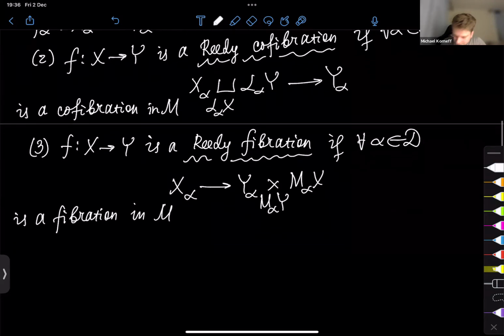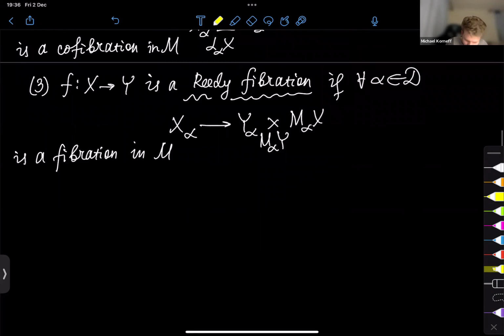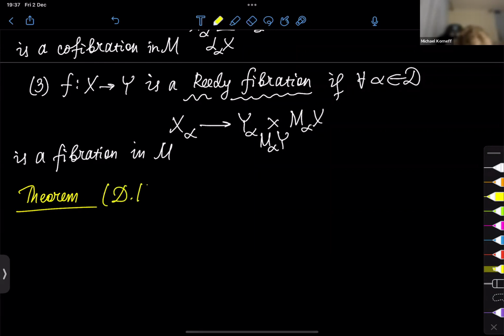Okay, and I recall the following Kan theorem. Let D be a Reedy category as usual, and M be a model category.